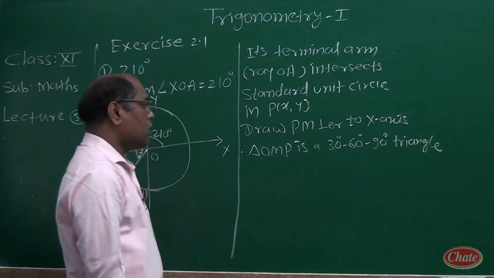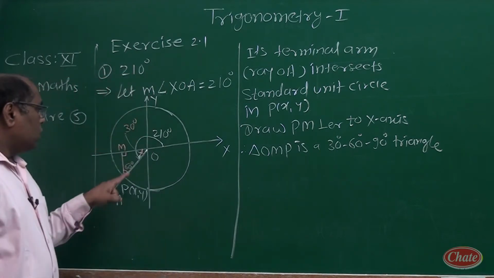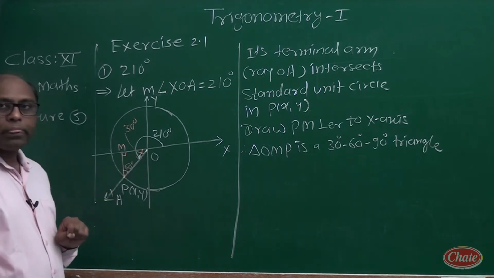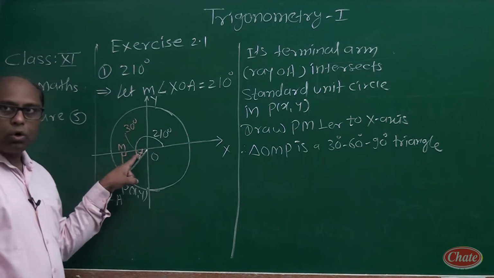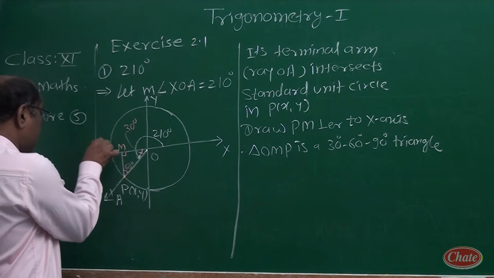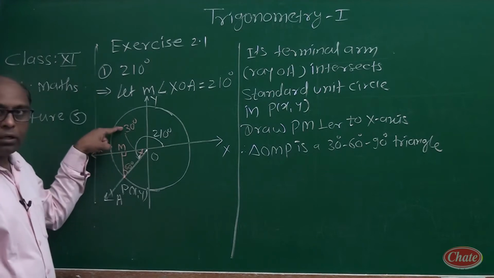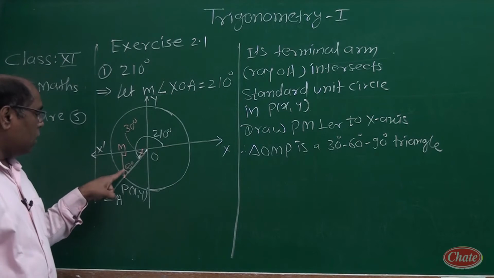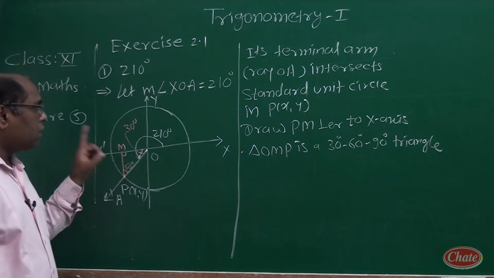Now see here, this is the 210 degree angle XOA, so the angle here in the third quadrant, if we call it X dash OA, is 30 degree. The remaining angle will be 60 degree, with the 90 degree angle.